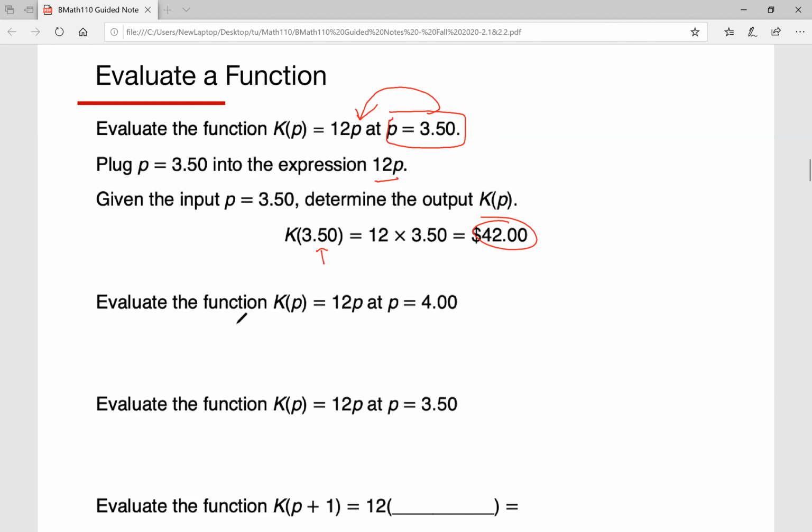I have k(p) = 12p, but at p = 4. So 4 is the input, equal to 12 times 4. I'm actually going to use parentheses, better: 12 times (4). And then that's going to be equal to $48.